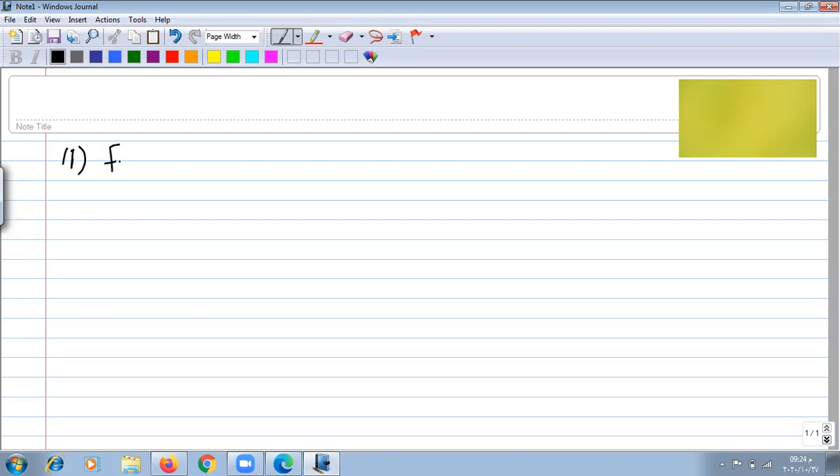F1 equals 5 newtons. F2 equals 10 newtons. The angle between them, theta or alpha, say the angle between them is called alpha, as we said in class. Its measure is 120 degrees. He is asking about the magnitude of the resultant. Let's write the rule.